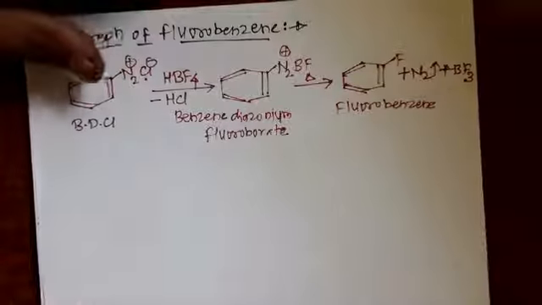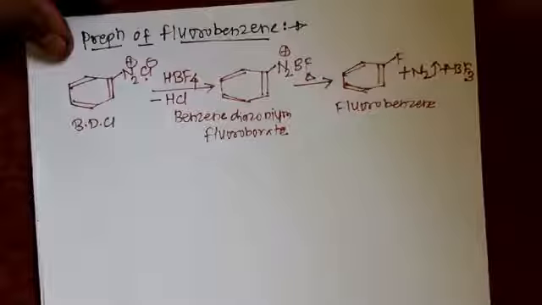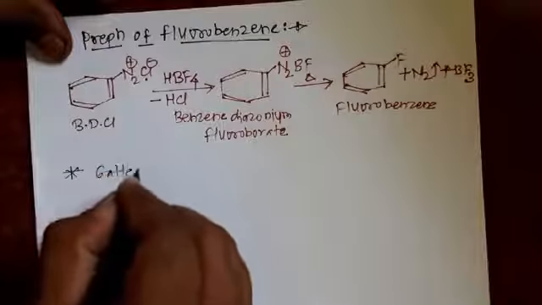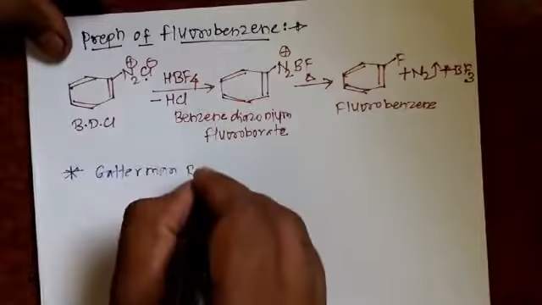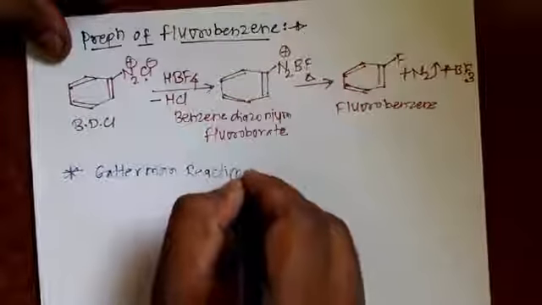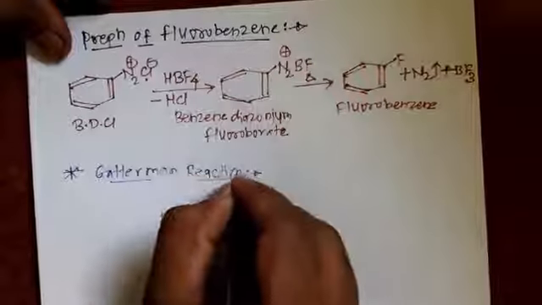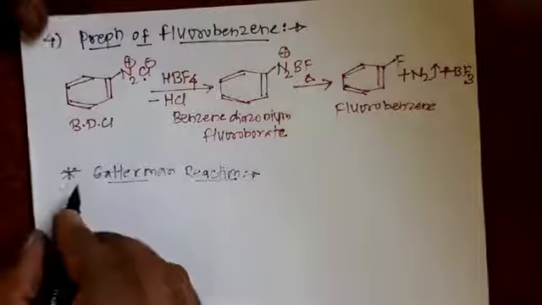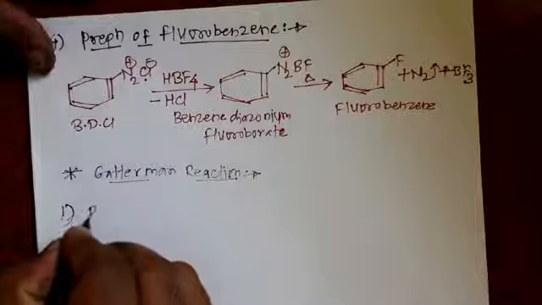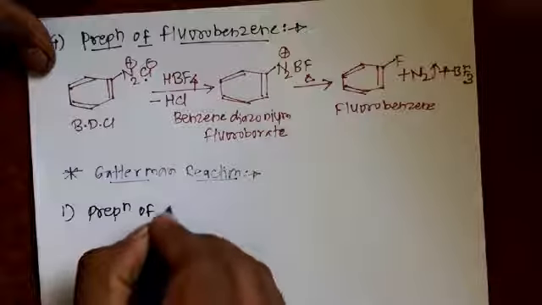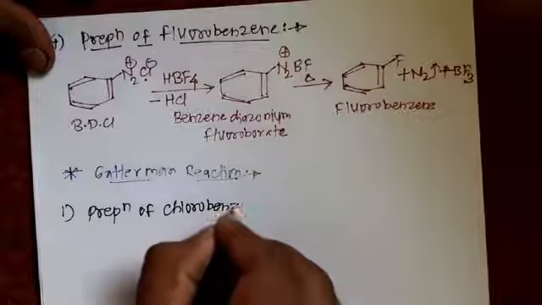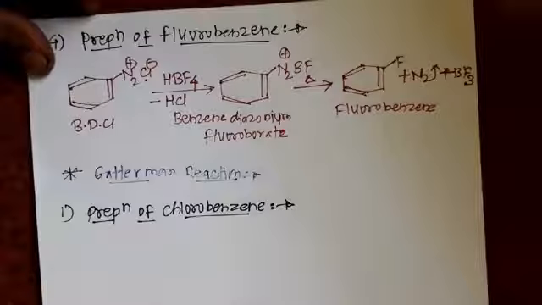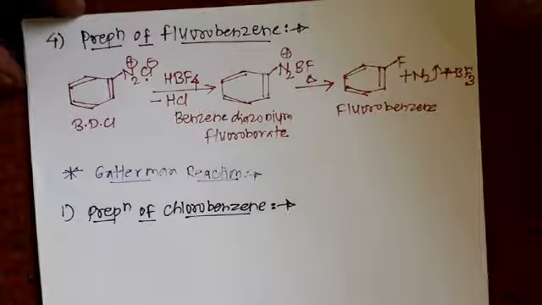Simply we see the preparation of chlorobenzene by using the Gattermann reaction. We simply change the reagents.